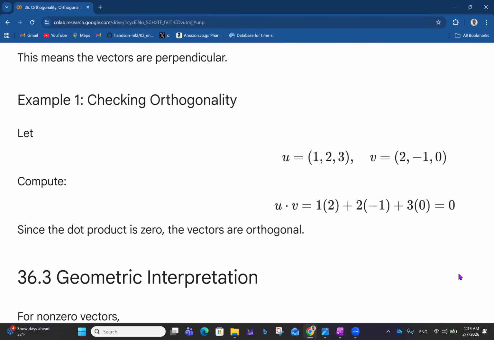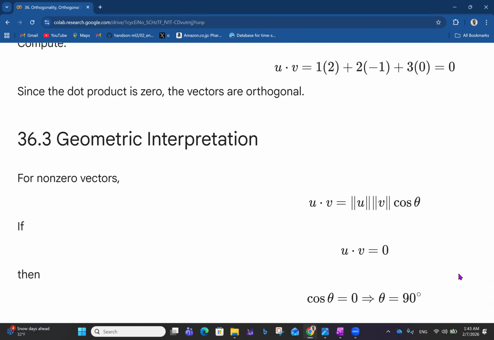Then we go for the geometric interpretation. For non-zero vectors, I've been taking it that u and v are non-zero. Of course, if one of them is 0, then the dot product is automatically 0. But for non-zero vectors, u dot v is equal to the magnitude of u multiplied by the magnitude of v times the cosine of the angle between u and v, generally speaking. If u dot v is equal to 0, that simply implies that theta is 90 degrees, because cos of 90 is 0.